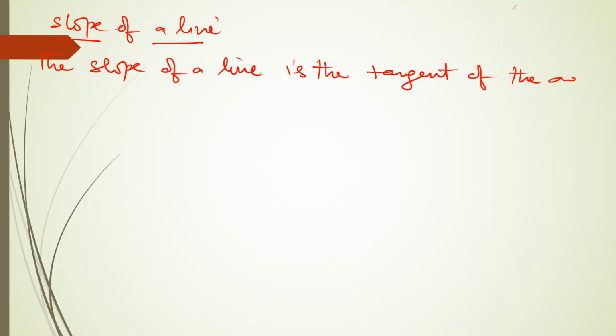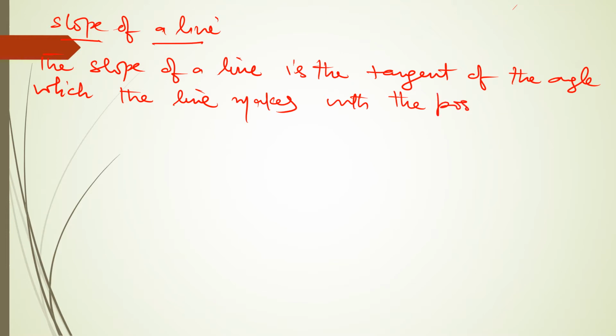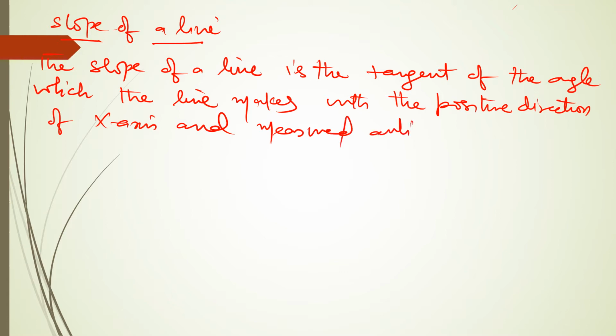The slope of a line is the tangent of the angle which the line makes with the positive direction of x-axis and measured anti-clockwise.